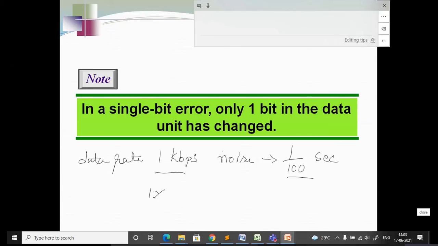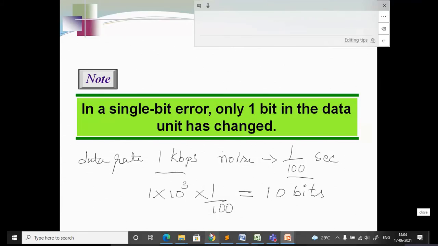The data rate is 1 into 10 power 3 bits per second, and the noise is 1 by 100. Out of 100, 1 bit got corrupted. So what is the number of bits affected here? It is 10 bits.